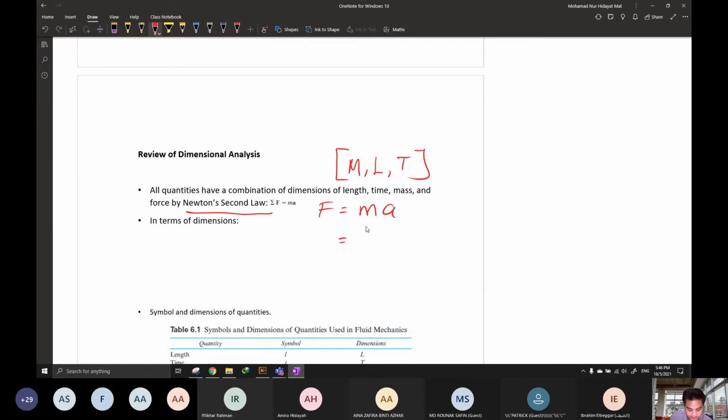What's the unit of mass? Kilogram. What's the unit of acceleration? Meter per second squared. Then we convert the kilogram in terms of the system. Kilogram is the mass, the meter is length, the second is time. So this is in terms of dimension.